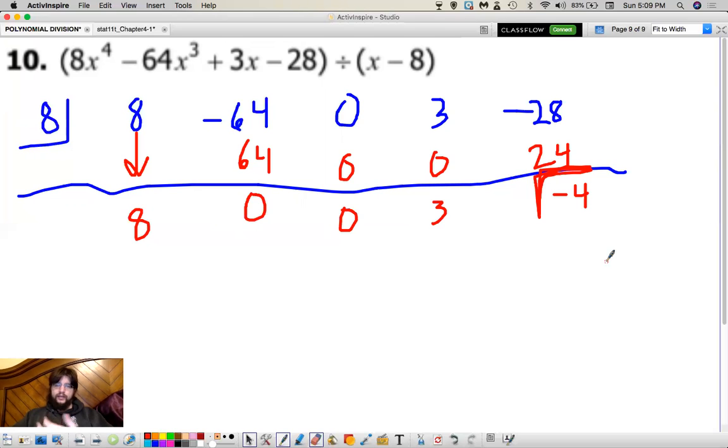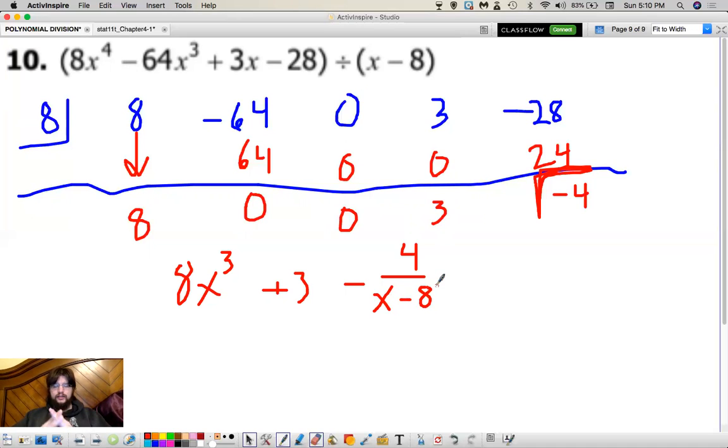If you don't, then just take your calculator and push the buttons and just take 10 times as long. It's fine. It was a 4th degree, now it's going to be 3rd degree. 8x cubed, no x squareds, no x's, plus 3. Remainder of 4 over my divisor of x minus 8.